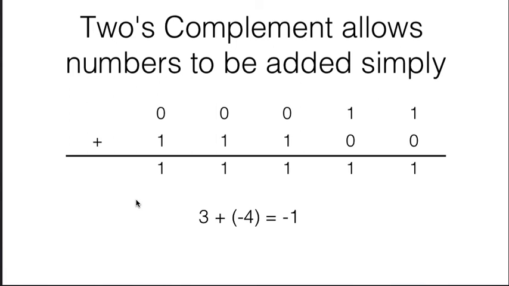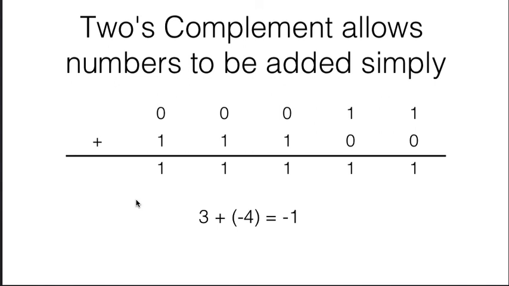So 1, 0, 0, if you flip all the bits, would be a bunch of 1s and a 0, 1, 1. Yeah? If you add 1 to that, then that's going to be 0 carry 1, that's going to be 0 carry 1, that's going to be 1. And you'll get 1, 1, 1, 0, 0.